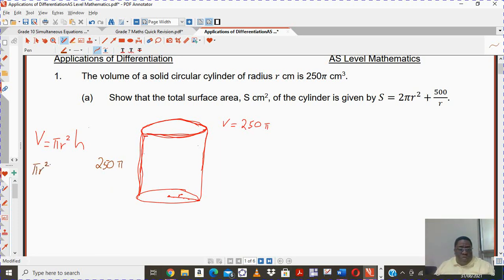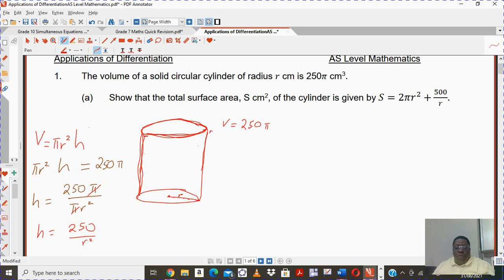Pi r squared h, but we don't know h. So if you make h the subject of the formula, that's 250 pi divided by pi r squared. You're going to be left with, and this is where the pi's cancel, the height, therefore, is nothing but 250 upon r squared.